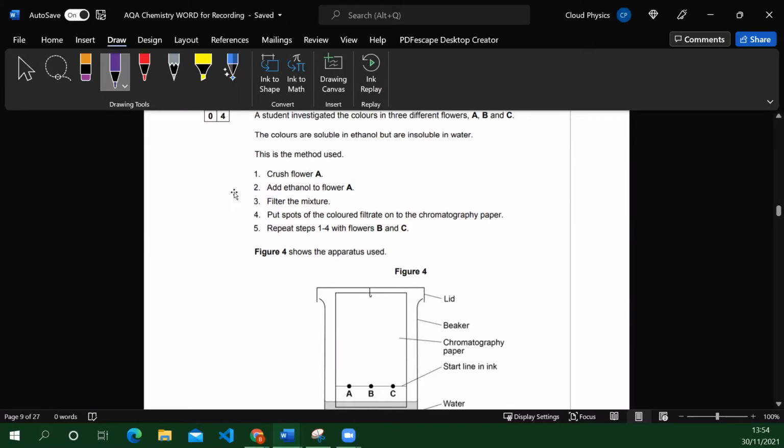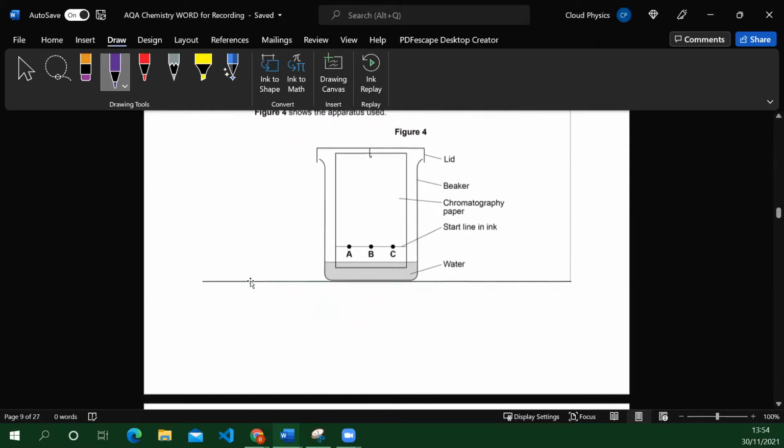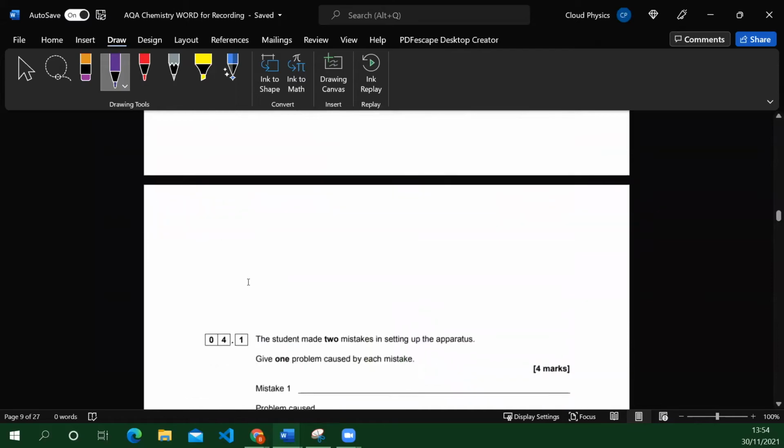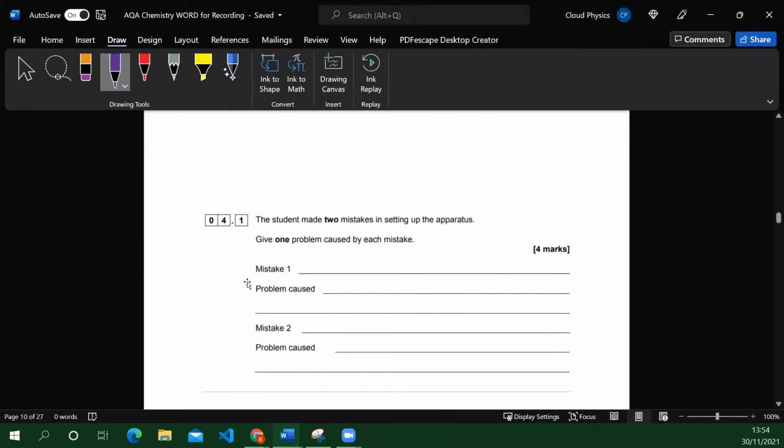Put spots of the coloured filtrate onto the chromatography paper. Repeat steps 1 to 4 with flowers B and C. Figure 4 shows the apparatus used. The student made 2 mistakes in setting up the apparatus. Give 1 problem caused by each mistake.